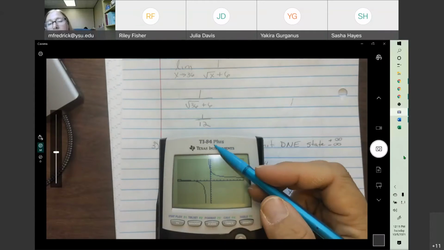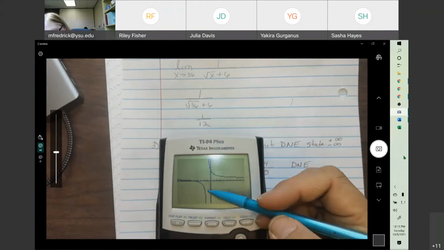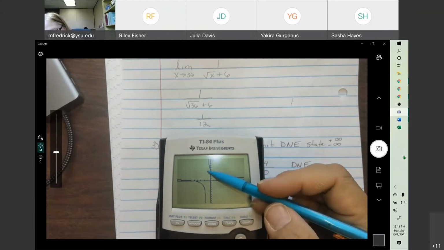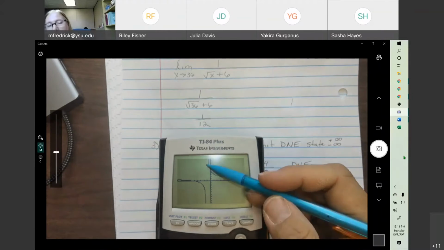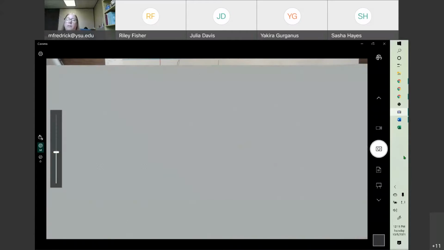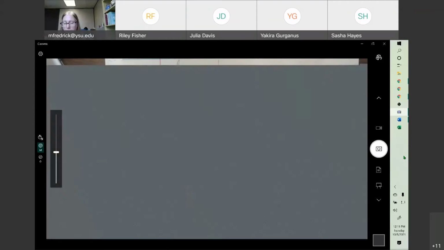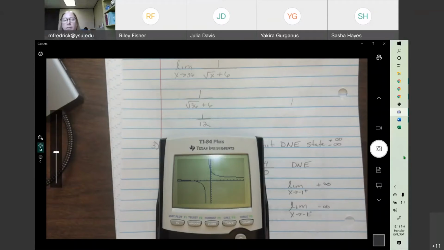Now, if you have a TI-83, it actually puts that horizontal line in there. So that extra solid line you're seeing, that's just the asymptote. But since it's going down, this one would be negative infinity. So from the right and the left, it's going to 2 different spots. Are there any questions on that?